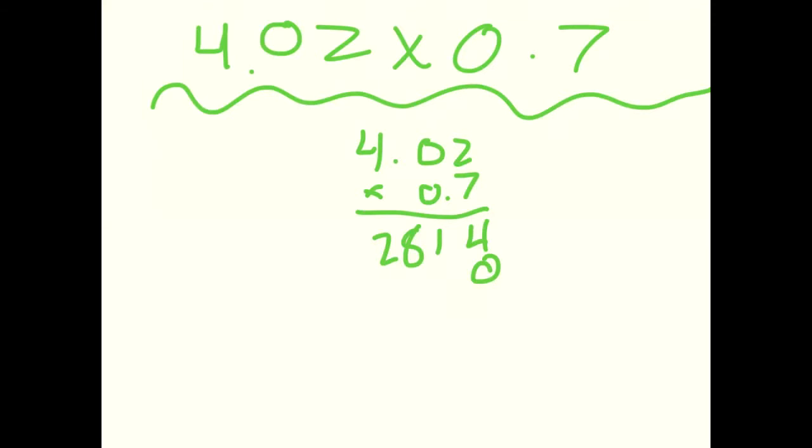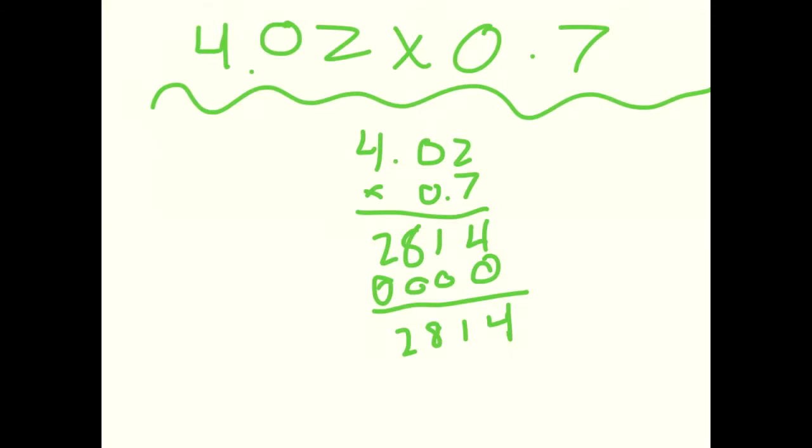Then you do 0 times 2, which equals 0. 0 times 0 equals 0, and 0 times 4 equals 0. Now you add 4 plus 0 equals 4. 1 plus 0 equals 1. 8 plus 0 equals 8. 2 plus 0 equals 2.